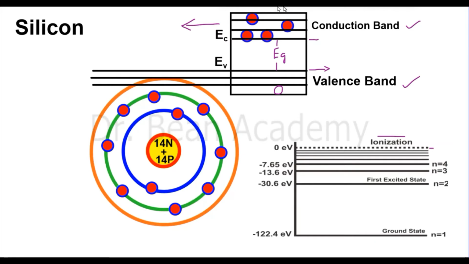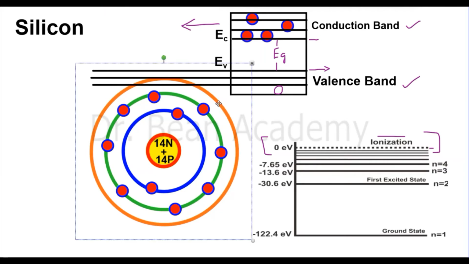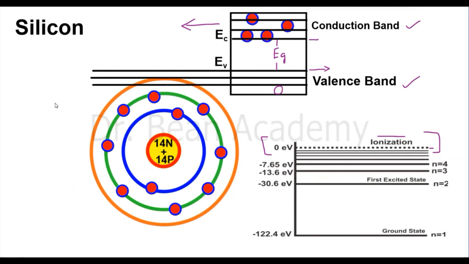So basically, conduction band is the area near the ionization, and there are some sub levels as well. Similarly, the valence band corresponds to the electrons in the valence shell, and in the valence shell there are some sub energy levels or sub shells corresponding to different energy levels.